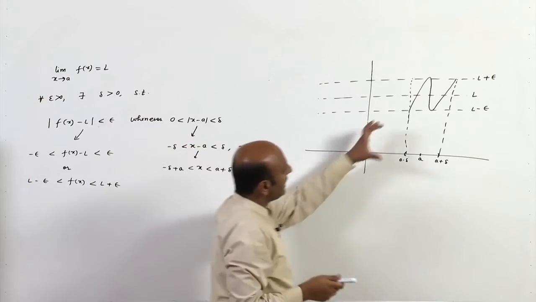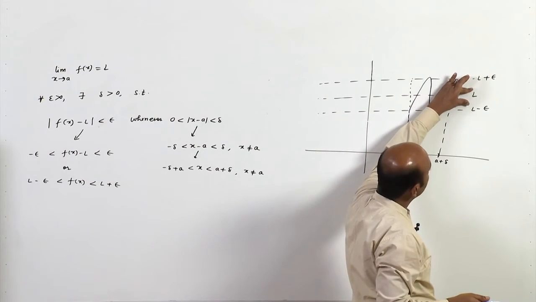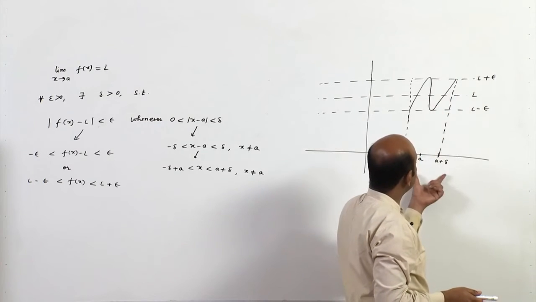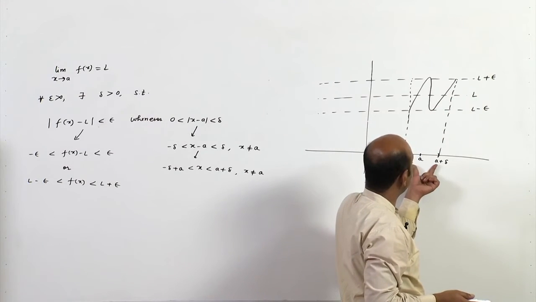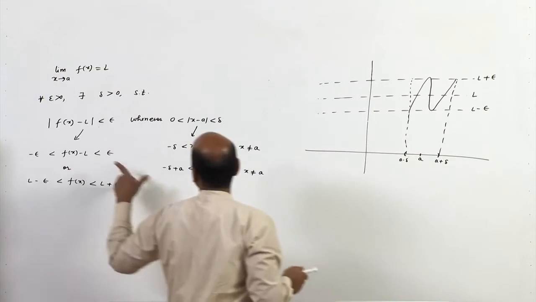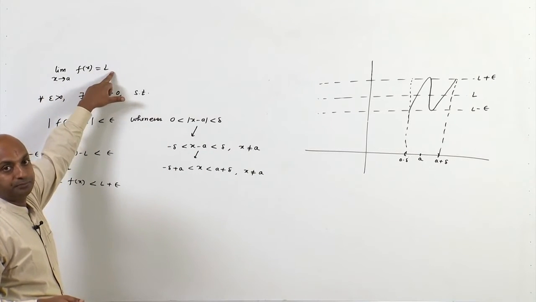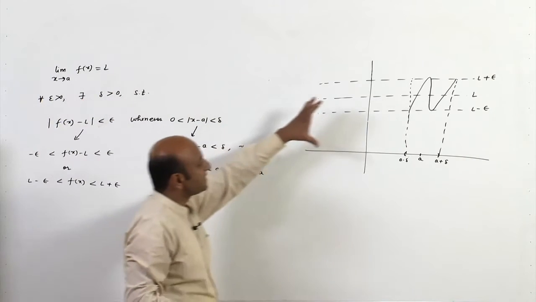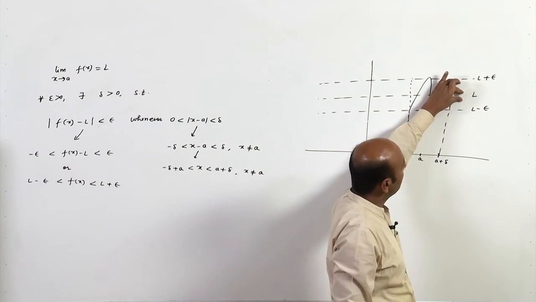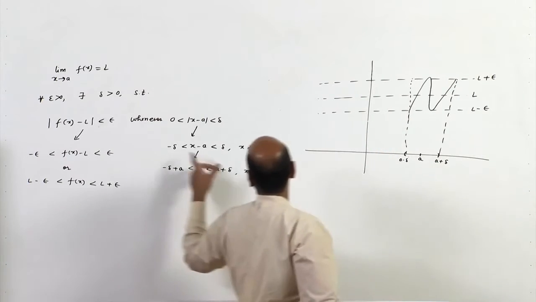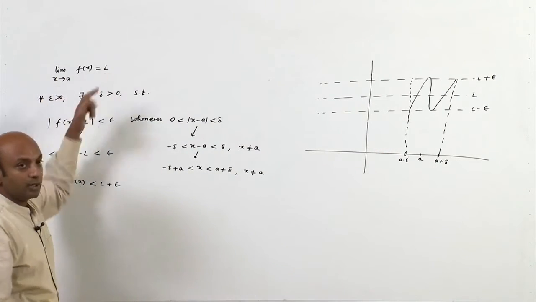Now, if you take epsilon very small tending to 0, then this delta will tend to 0. That means as x approaches a, f(x) will approach L, because as epsilon tends to 0, this tends to L, and as delta tends to 0, this tends to a.